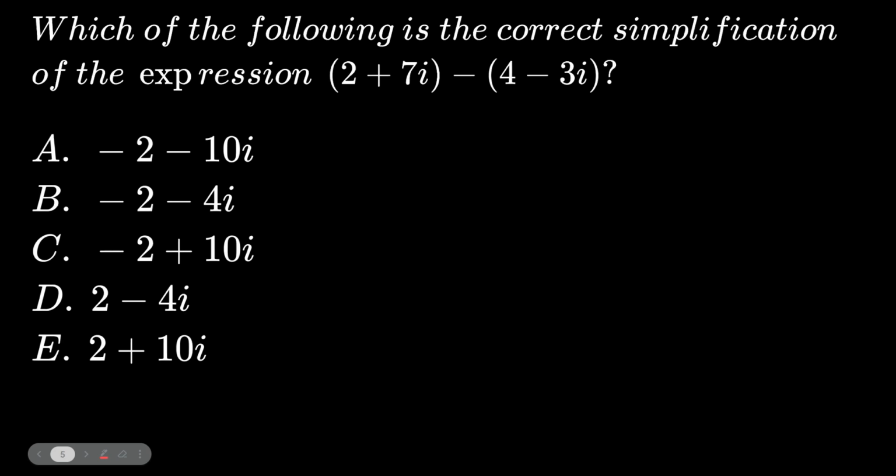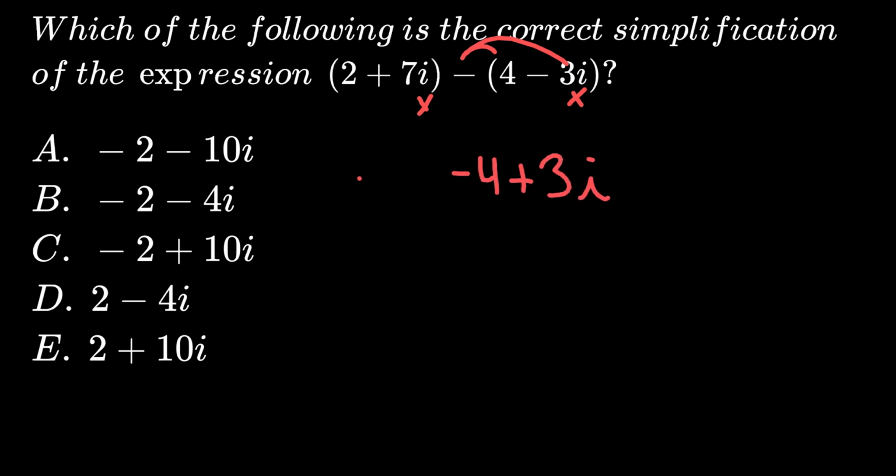Let's move on to this next one. Which of the following is the correct simplification of the expression 2 plus 7i minus 4 minus 3i? Honestly, this should be a very simple question. You just treat these i's as if they were x's, and the only difference is you write them as an i. So we can distribute that negative, making this a negative 4 and a plus 3i.